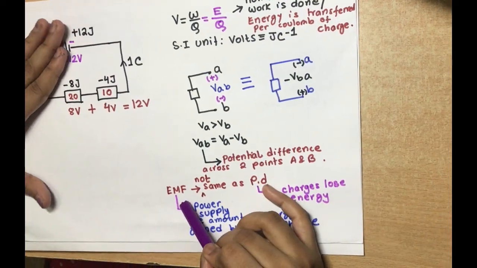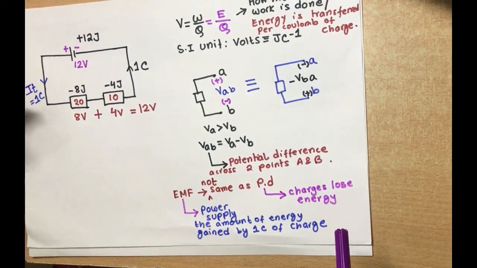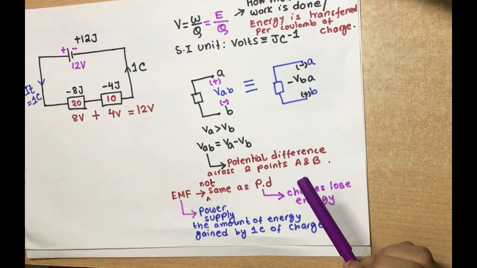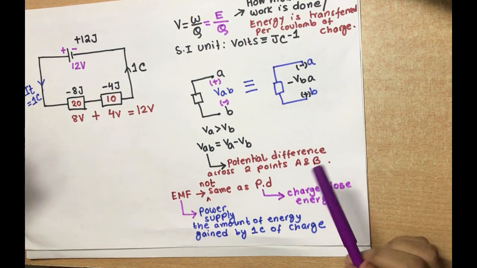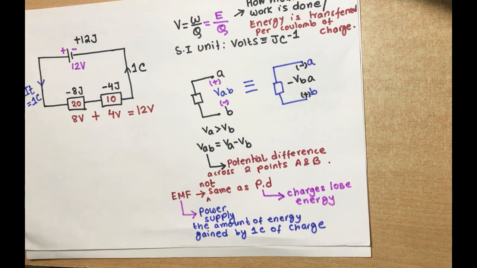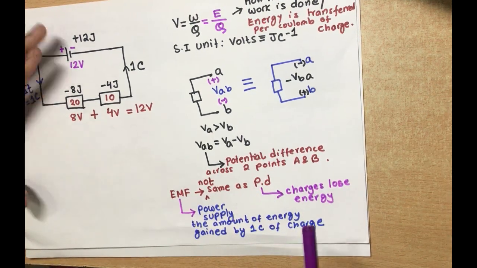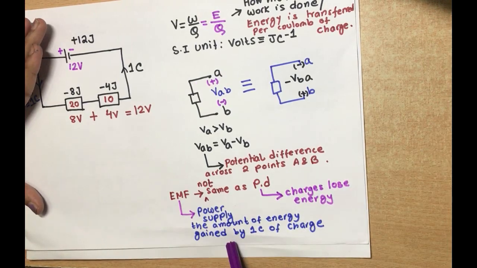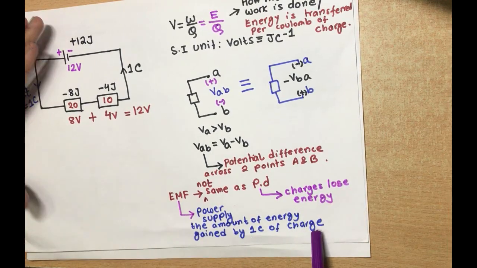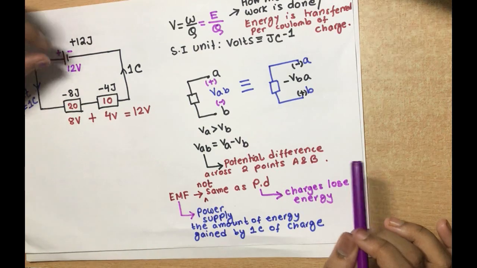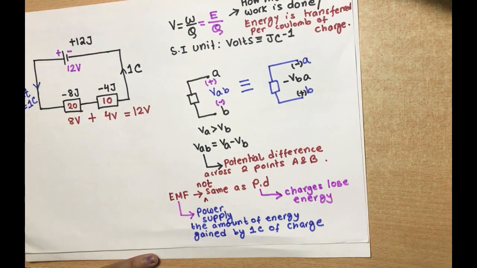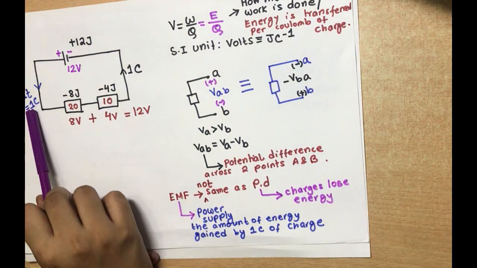But what is EMF? EMF is actually the voltage that is supplied by the power supply, and the voltage supplied by the power supply represents the amount of energy gained by 1 coulomb of charge. So the power supply supplies some energy to the charge.